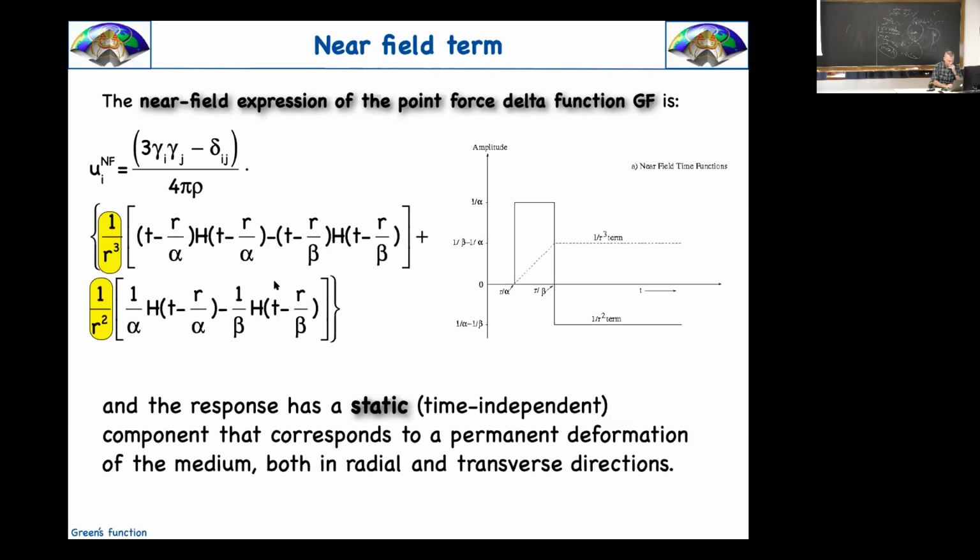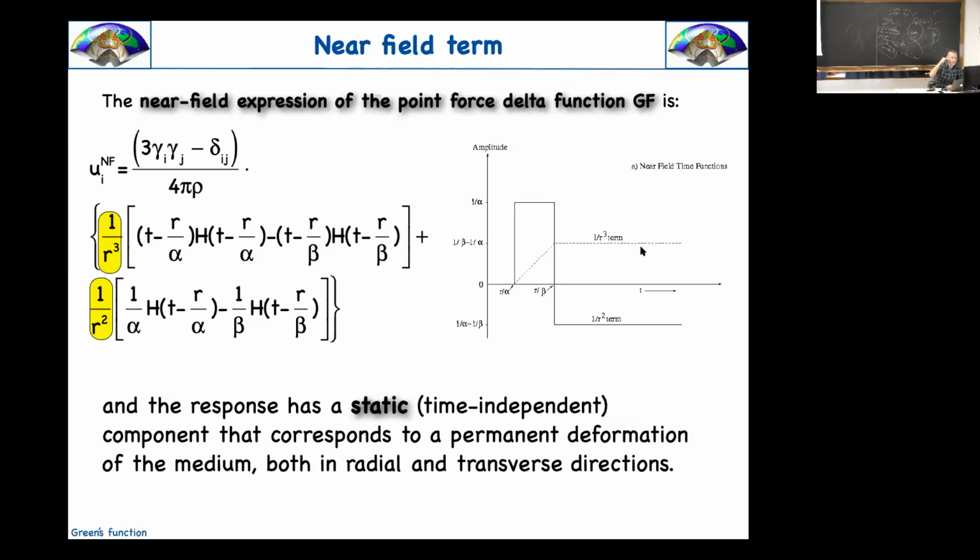By the way, if you want to plot it, there is one important thing to remember. Rewriting it, it contains two factors that are rapidly decaying compared to the far field. And what is important is that at the end of the story, they are not going back to zero.